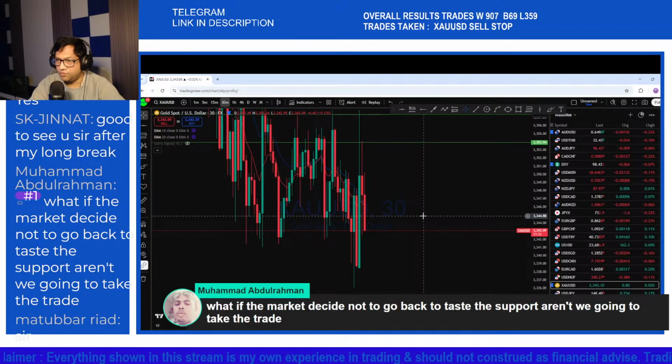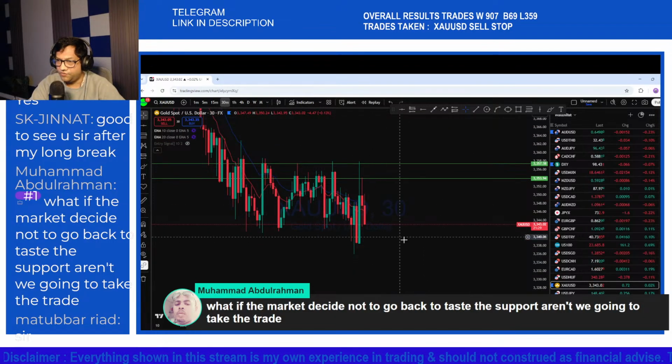Just coming down here from this level. If you look here, it's filling that long wick.